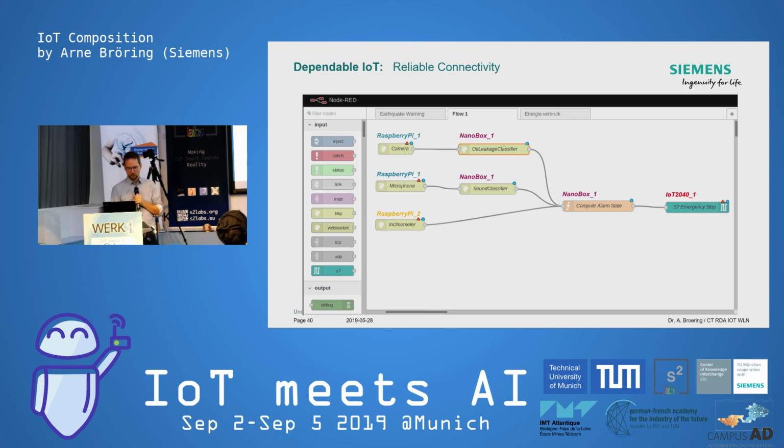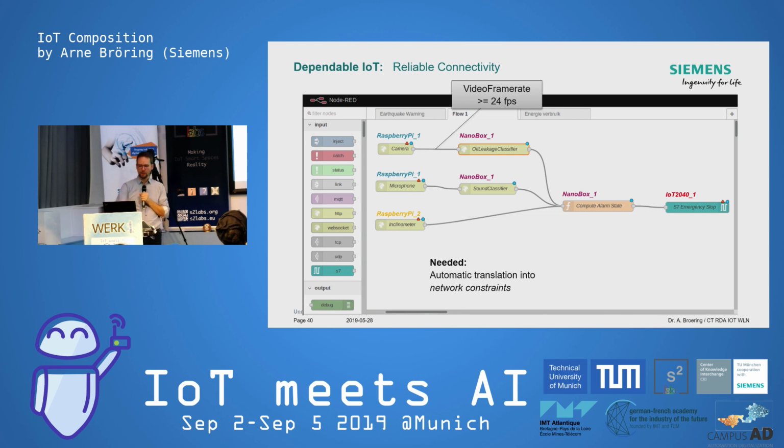In Node-RED, this would look like this. We again have these associations to devices: Raspberry Pi 1 runs the camera access, Nanobox runs the oil leakage classifier, and so forth. And exactly on this link between these two, we want to specify, for example, a minimum video frame rate.